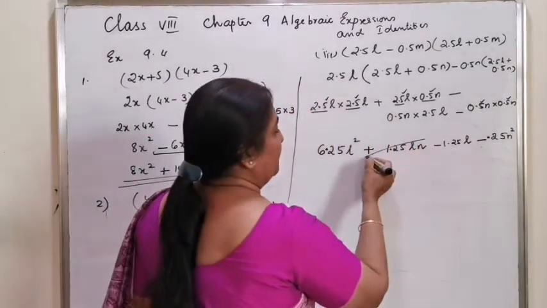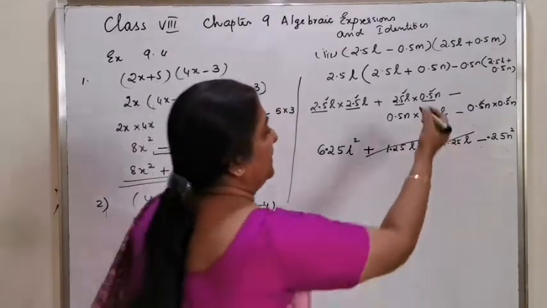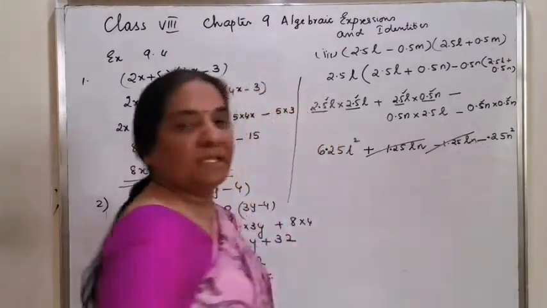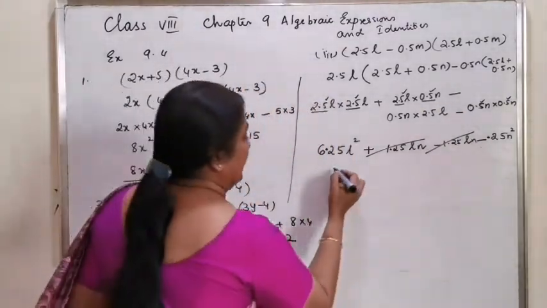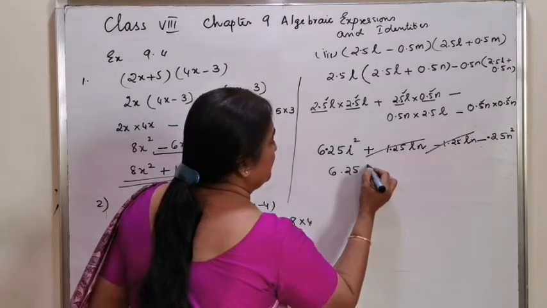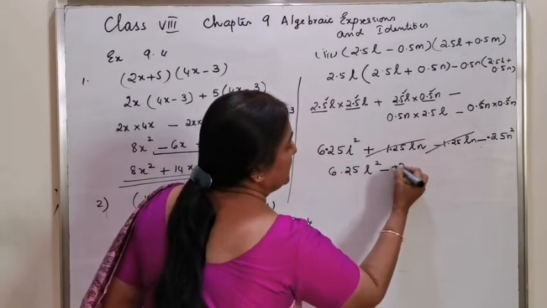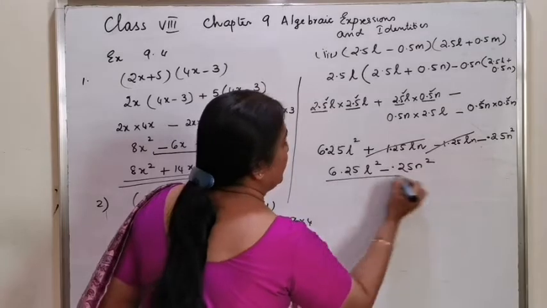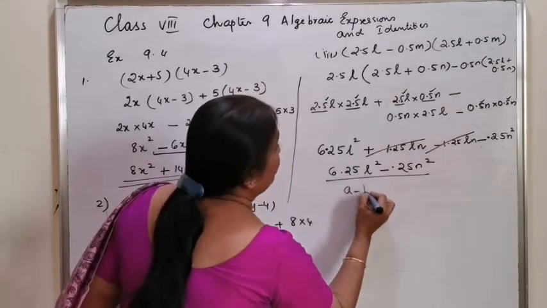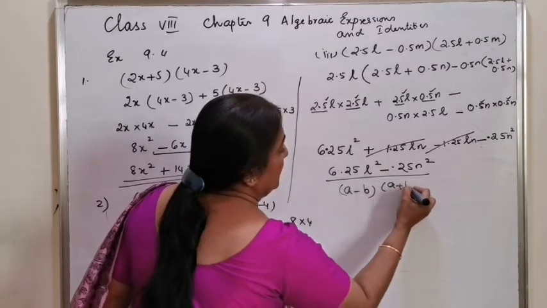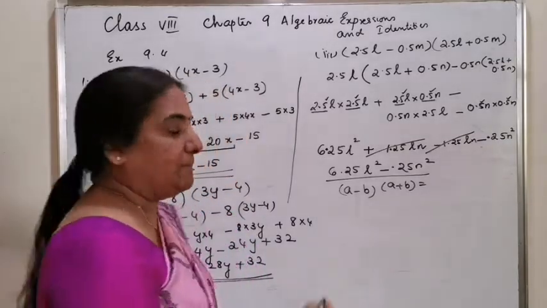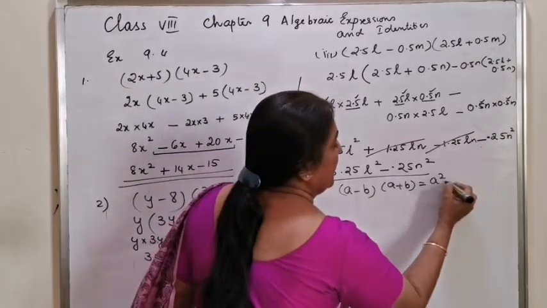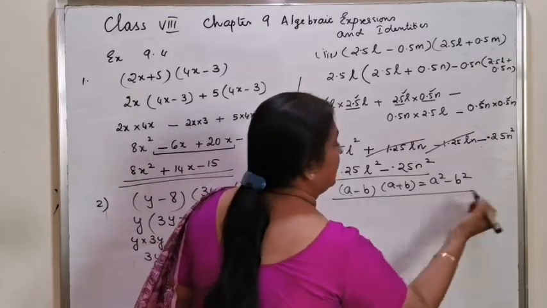Positive 1.25 and negative 1.25 LN gets cancelled and the final answer is 6.25 L square minus 0.25 N square. This is why I told you it's of the form A minus B into A plus B. You can directly apply the identity as A square minus B square.